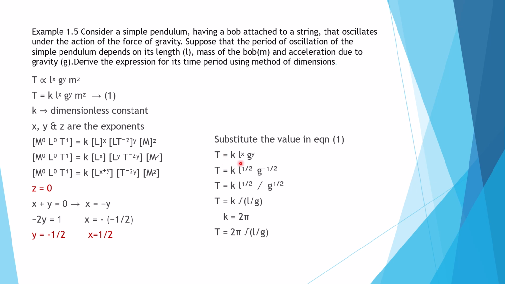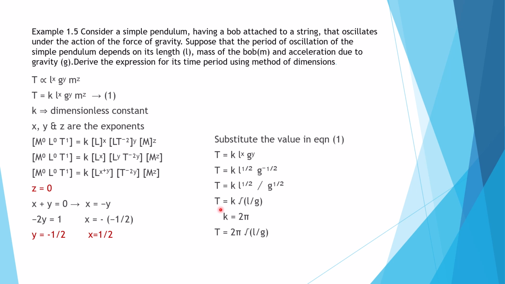Then T is equal to k L to the power x, g to the power y. The x value we have is 1 by 2, and the y value is minus 1 by 2. So T is equal to k L to the power 1 by 2, g to the power minus 1 by 2. So next, T is equal to k L to the power 1 by 2 divided by g to the power 1 by 2. The minus sign gets cancelled here.